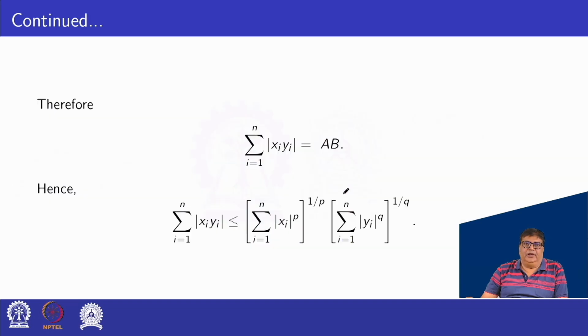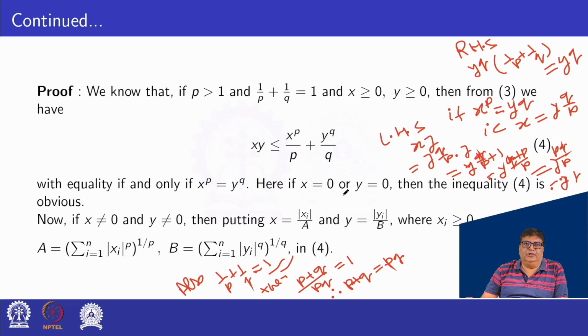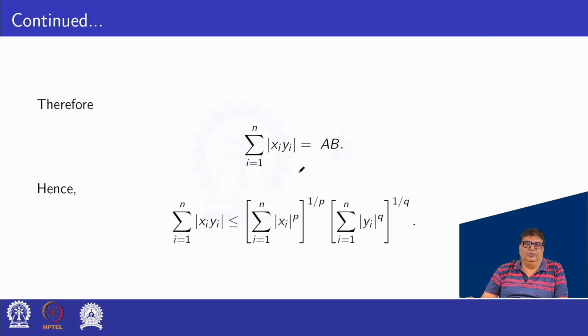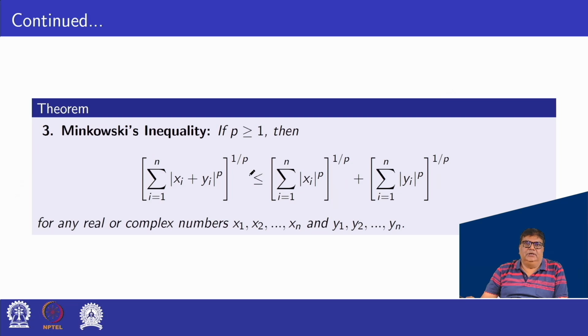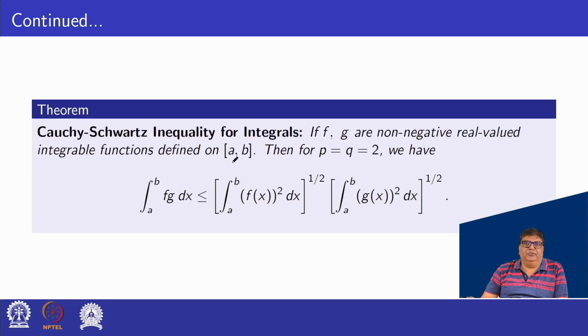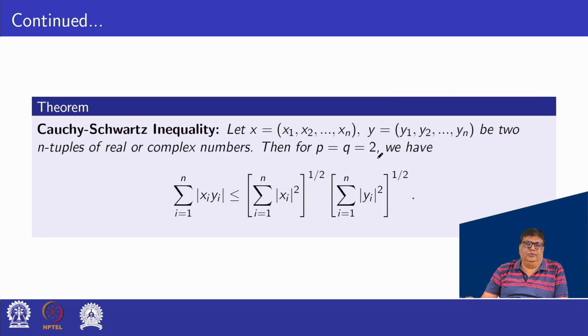Why? Because 1 upon p plus 1 upon q is equal to 1. If we put p is equal to 2, okay, then 1 upon q is equal to 1 minus 1 by 2, that is 1 upon 2, hence q is equal to 2. That is, if we take p is equal to 2, then we get q is equal to 2. So Cauchy-Schwarz inequality is known as p is equal to q is equal to 2 in Holder's inequality.